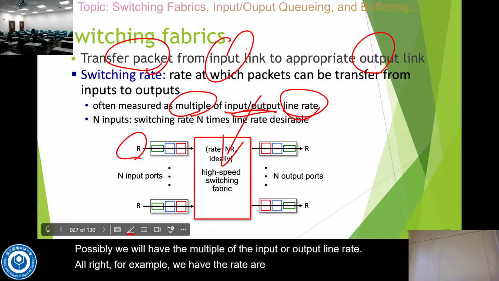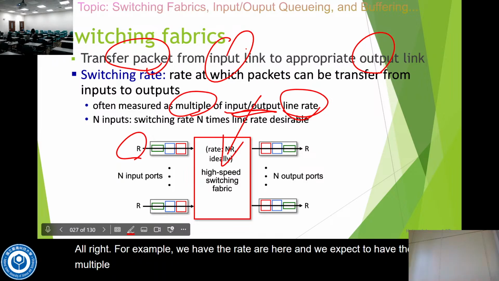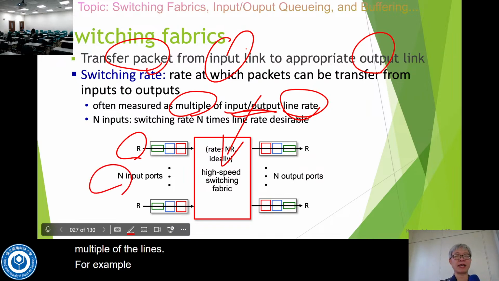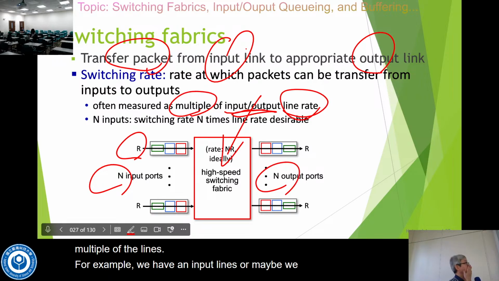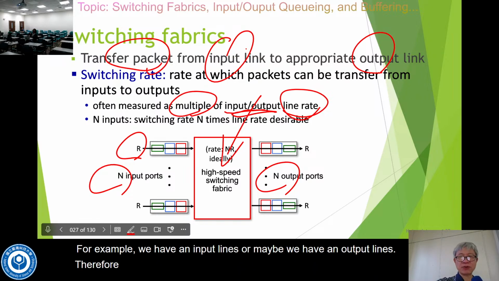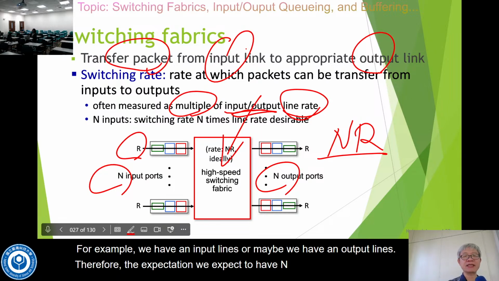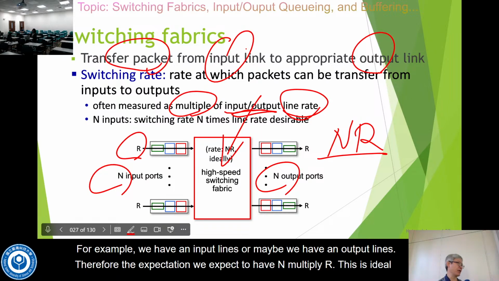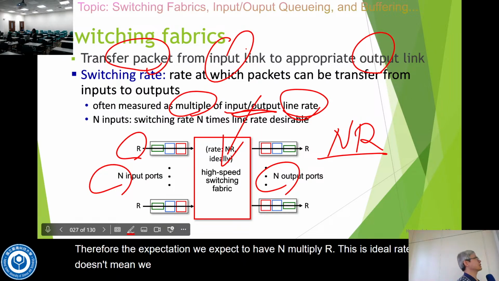And we expect to have a multiple of the lines. For example, we have n input lines, or maybe n output lines. Therefore, we expect to have n multiplied by R. This is the ideal rate. It doesn't mean we can achieve it as we expect.